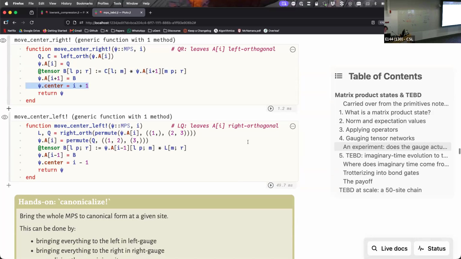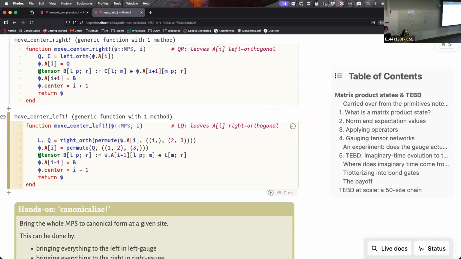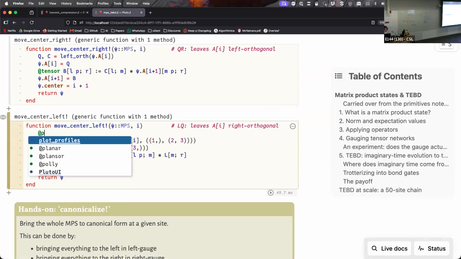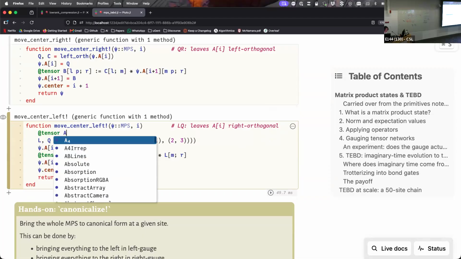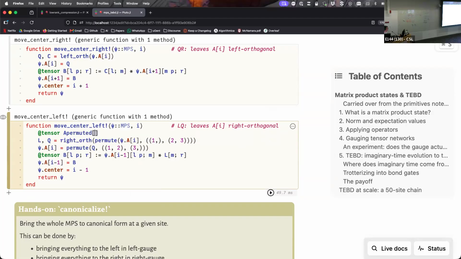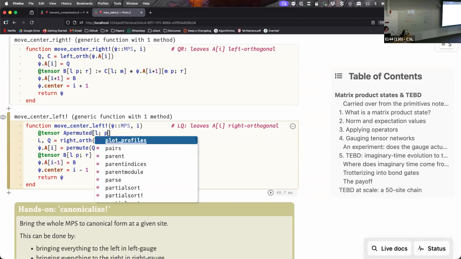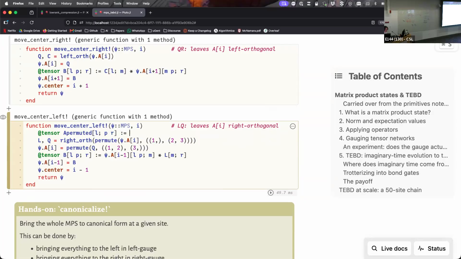For the left version, which is of course symmetric, I first have to create a new MPS tensor, because I have to LQ in the other direction and my semicolon is in the wrong spot.